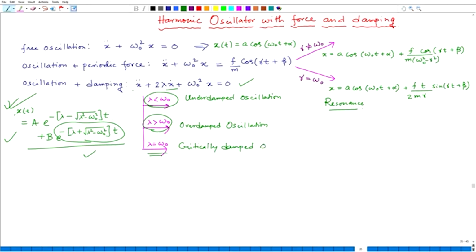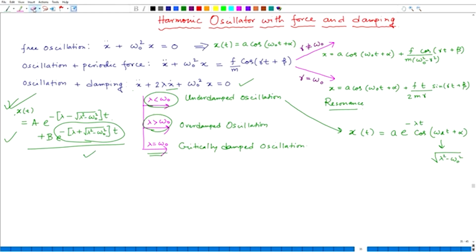Critically damped oscillation. Okay. And we found exactly that whenever you have an underdamped case, then the resulting equation should look like x(t) equal to some amplitude a e to the power minus lambda t times cos of omega d t plus some alpha, where omega d is nothing but root over omega 0 square minus lambda square.